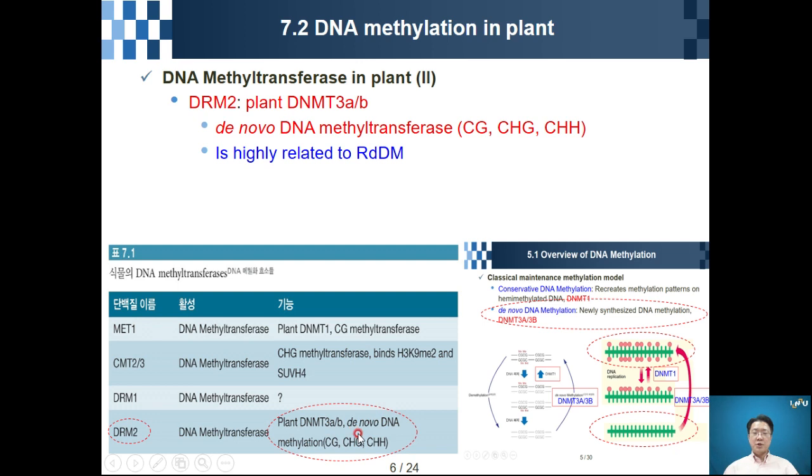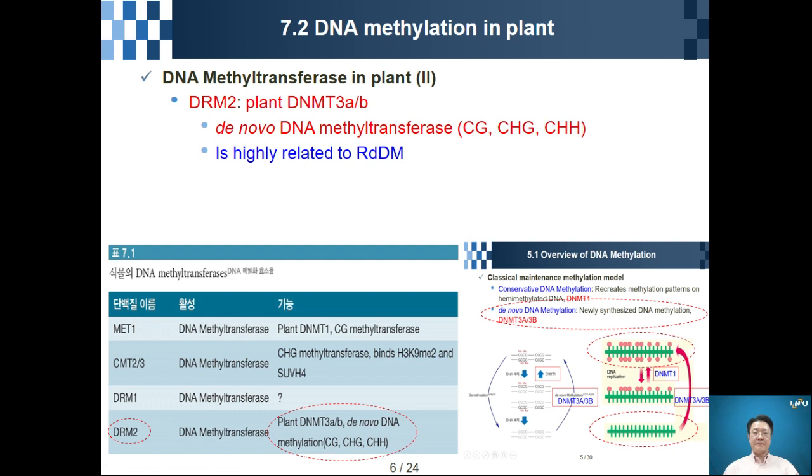The main function is de novo DNA methylation, which happens in CG dinucleotide, CHG sequence, or CHH sequence. DRM2, the de novo DNA methylation enzyme, is highly related to RdDM. We will see the detailed function of DRM2 in the next slide.